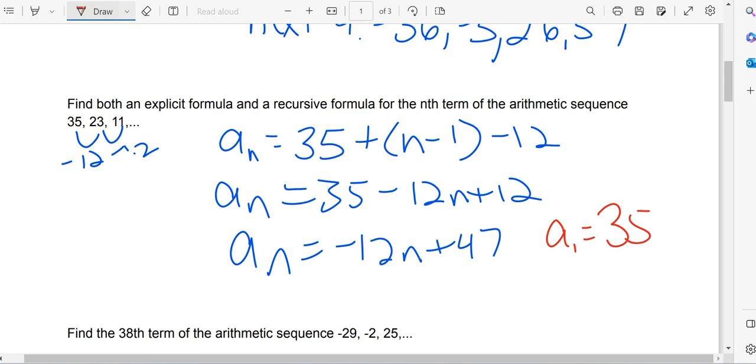And then, comma, a sub n equals a sub n minus 1, and then what are we going to do to the end of it? We've got your common difference. What's your common difference? It's negative 12. So a sub n equals a sub n minus 1 minus 12.